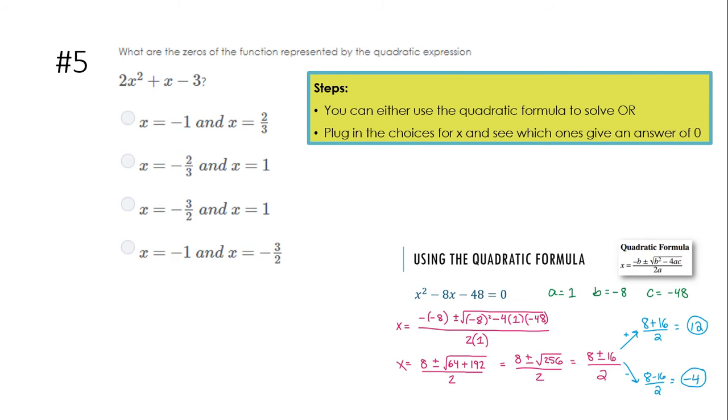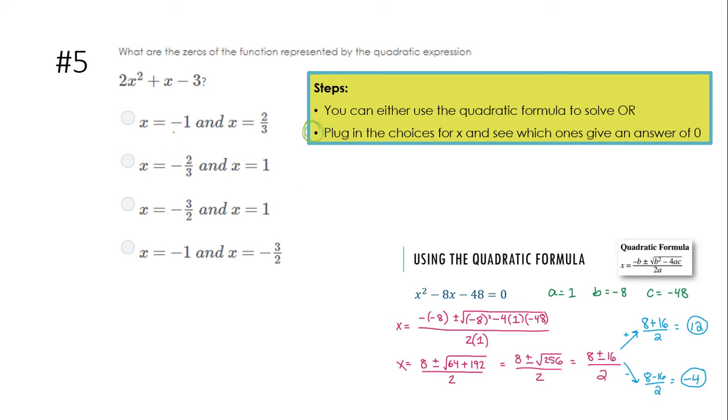Okay, number 5, what are the zeros of the function represented by the quadratic expression? So you can either use the quadratic formula to solve, or you can plug in the choices for x to see which ones give an answer of 0. If you're not super confident with the quadratic formula, this would probably be the better option.